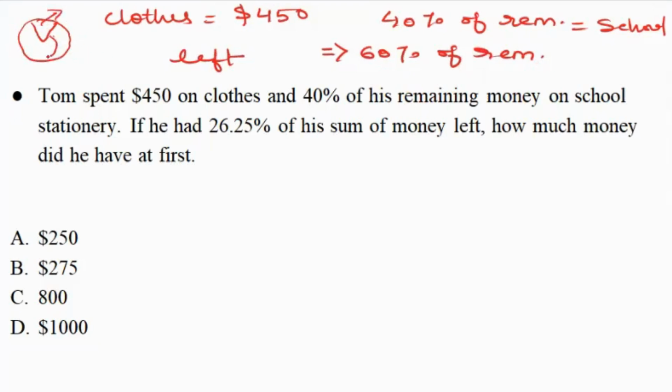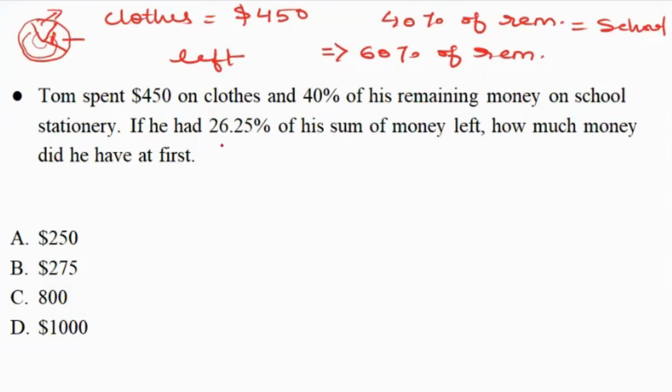Now this portion is remaining. From this portion, 40% he spent on his school stationery. This 60% is remaining, correct? So we are taking that 60% only.